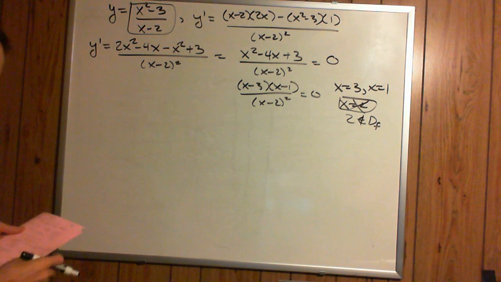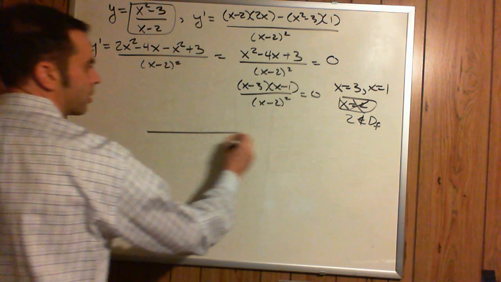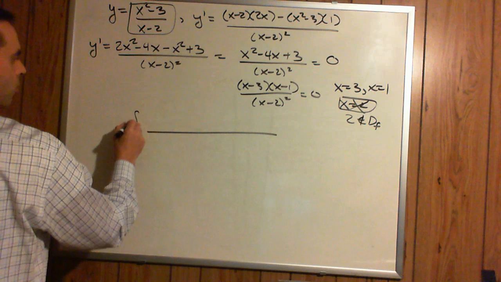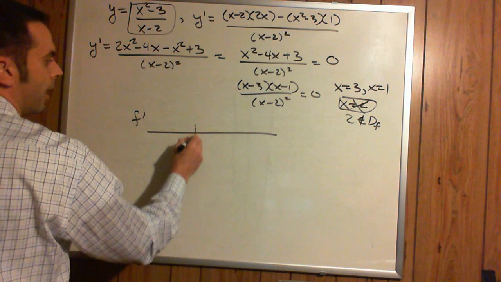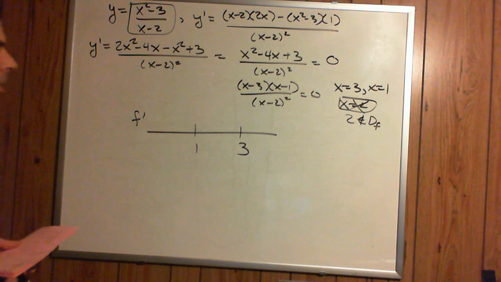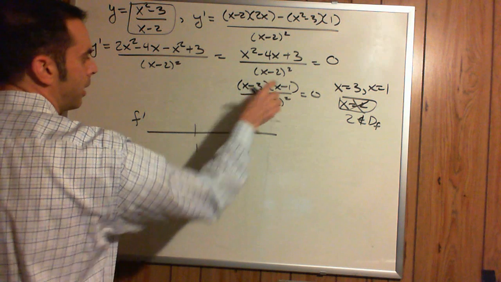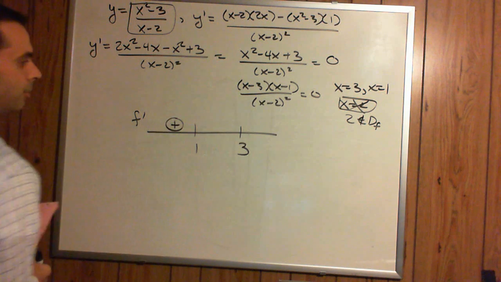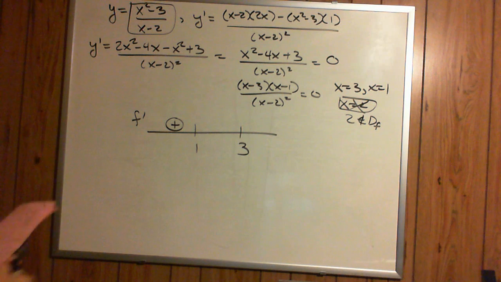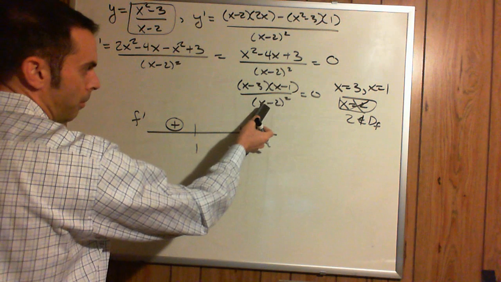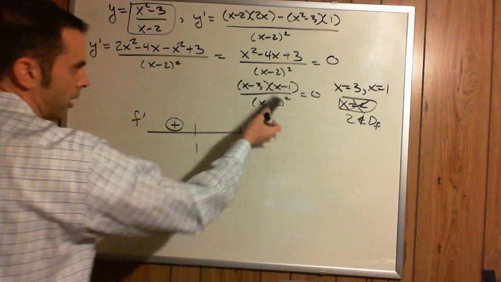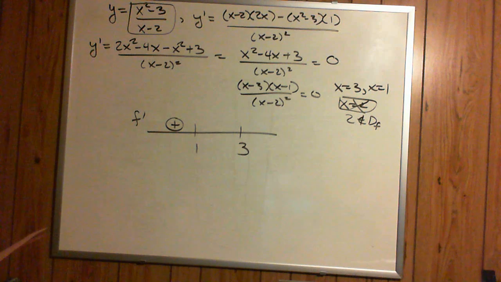Okay, so let's run a number line test for f prime, or y prime, at 1 and 3. So if we pick 0, we can put it here. That's a negative times a negative, which is a positive. I do note that my bottom is automatically positive because anything squared here is positive.